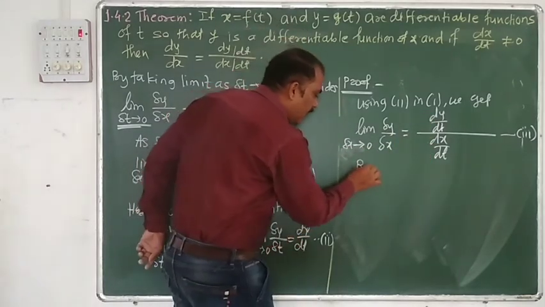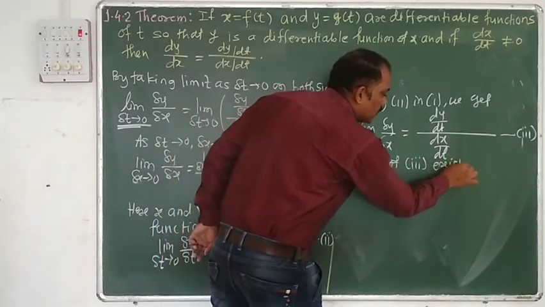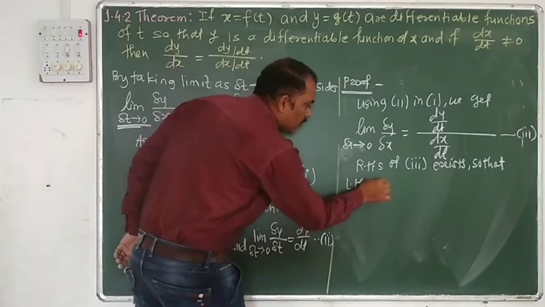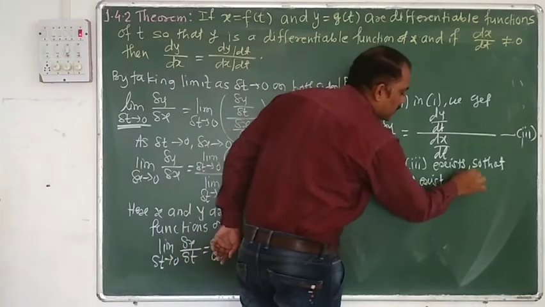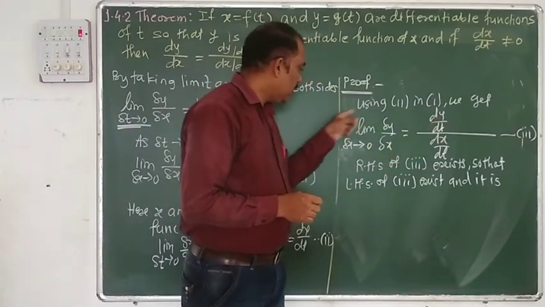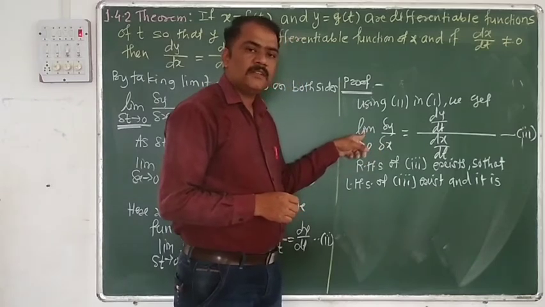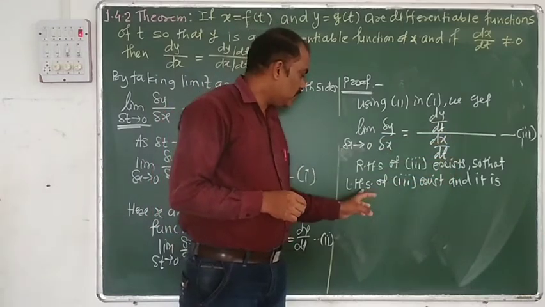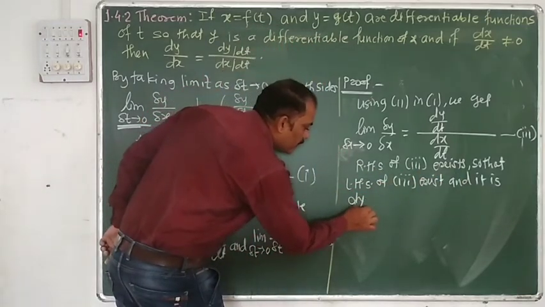So the RHS of 3 exists and it is finite, so the LHS of 3 exists and it is finite, and according to the Leibniz notation, its value is nothing but dy by dx.